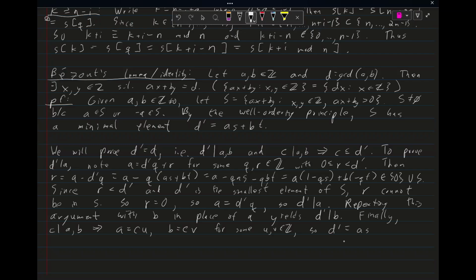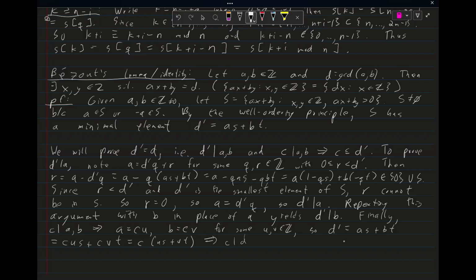Remember, D prime equals AS plus BT. And then we replace A and B, so we get CUS plus CVT. And we can factor out the C: C times (US plus VT). Okay, so we can take C and multiply it by some integer and get D prime. So this tells us that C divides D prime.